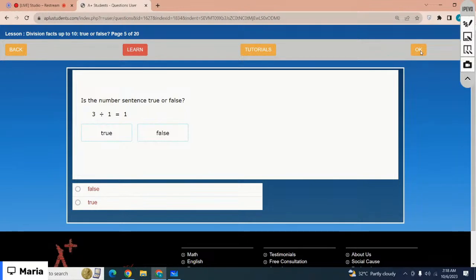The correct option is false, right? 3 divided by 1 must equal 3, right? So that would be false. The correct option is false.